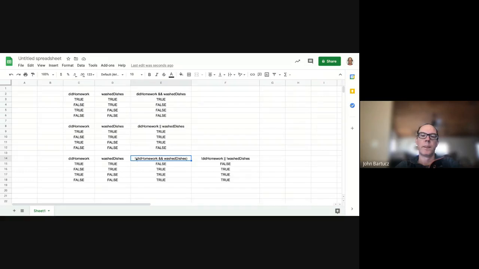If I did not do both of them, that's the same thing basically as saying, I didn't do at least one of them. So if your parents say, if you did not do your homework and wash the dishes, you can't go outside, that's the same thing as saying, if you forgot to do your homework or you forgot to wash the dishes, you can't go outside. So logically, it's the same thing. And that's why the truth table shows you the same thing for all the possible options.